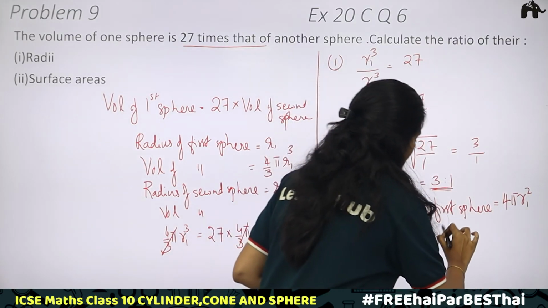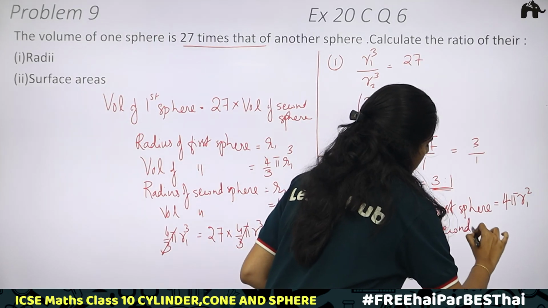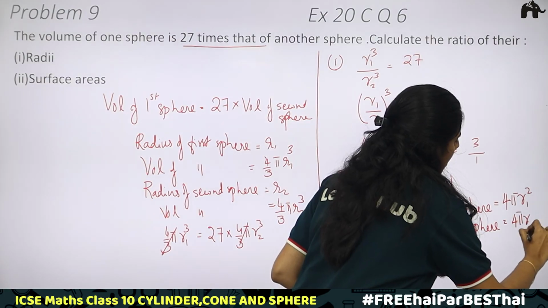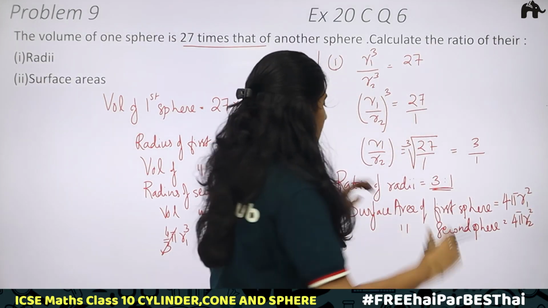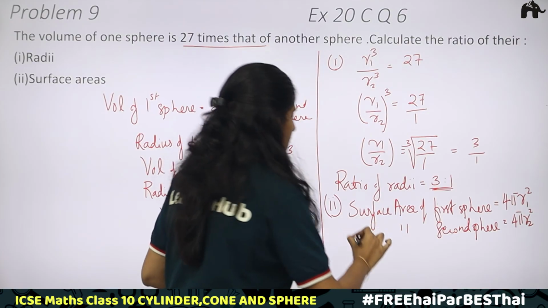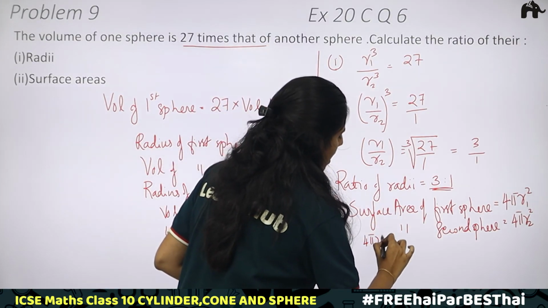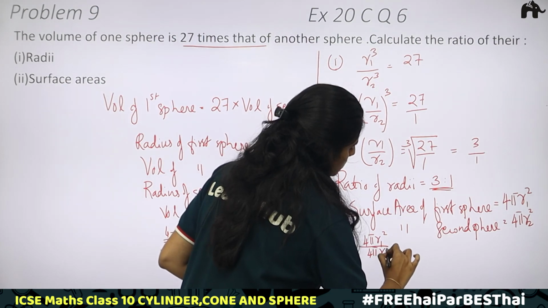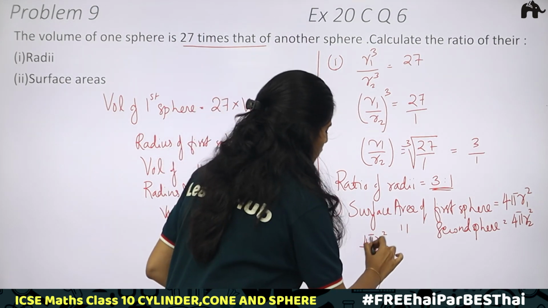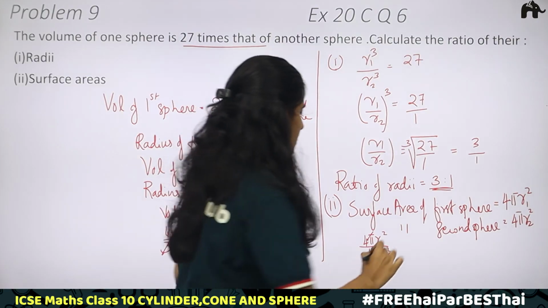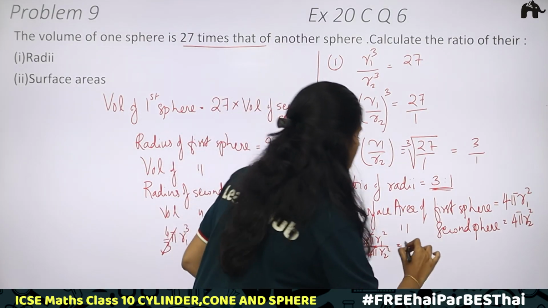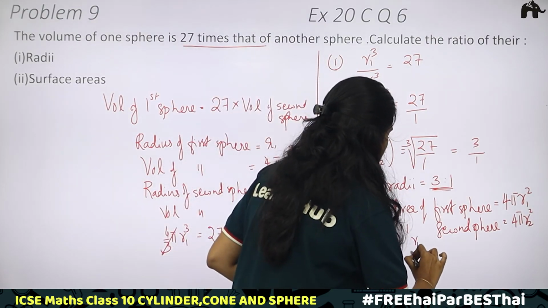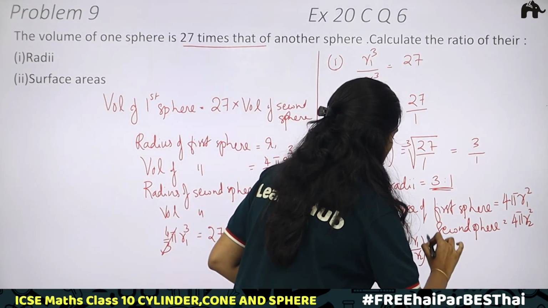And surface area of second sphere will be equal to 4 pi r2 square. Ratio of surface area will be 4 pi r1 square divided by 4 pi r2 square. Okay, 4 pi can be cancelled. Then you will be having r1 square divided by r2 square, which is r1 by r2 whole square.